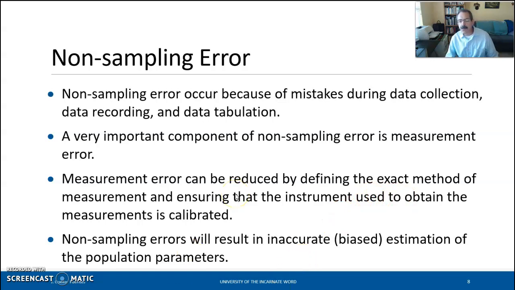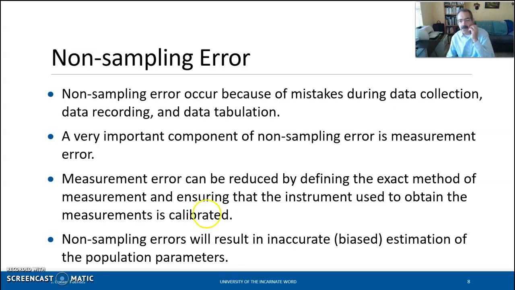And measurement error is something that is often ignored. I mean, people create very intricate protocols for how to collect the data, how to record it, how to tabulate it. But often they forget to look at the measurement error.